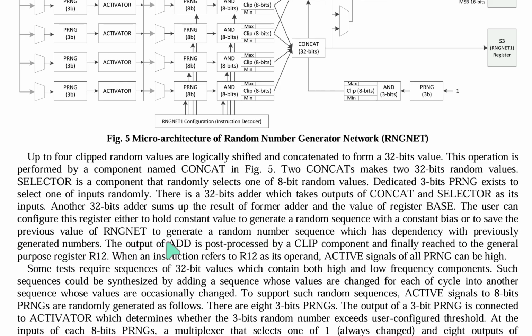The output of add is post-processed by a clip component and finally reaches the general purpose register R12. So when an instruction refers to R12 as its operand.